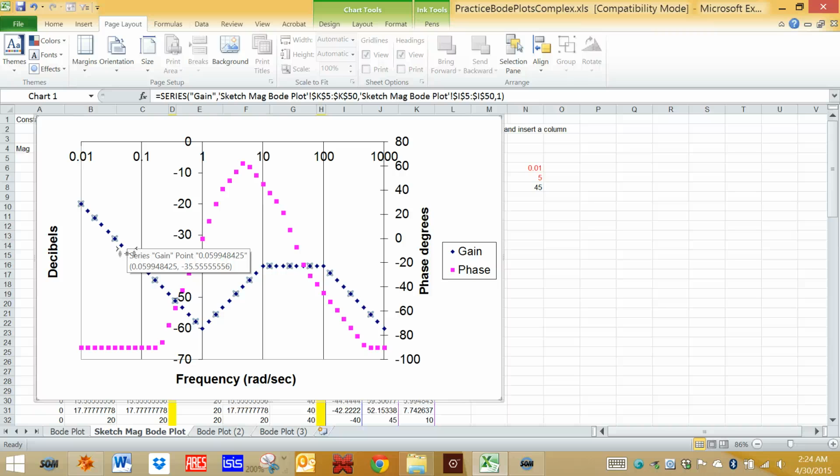That means that either it's an S plus something below 0.01, or else it's probably S plus 0. If you're concerned about exactly what that is, you'd have to collect more data, and to do that you would get to lower and lower frequency and see if it continues on the 20 decibel slope.